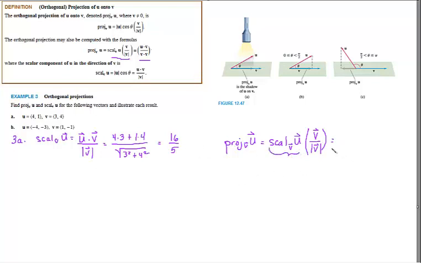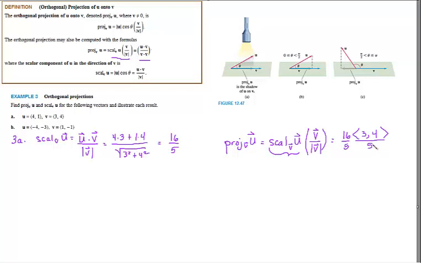I know that the scalar component of u in the direction of v is 16 over 5, and then I'm going to multiply that by just the straight vector v, which is 3, 4, and each of those values needs to be divided by my magnitude of v, which is 5.